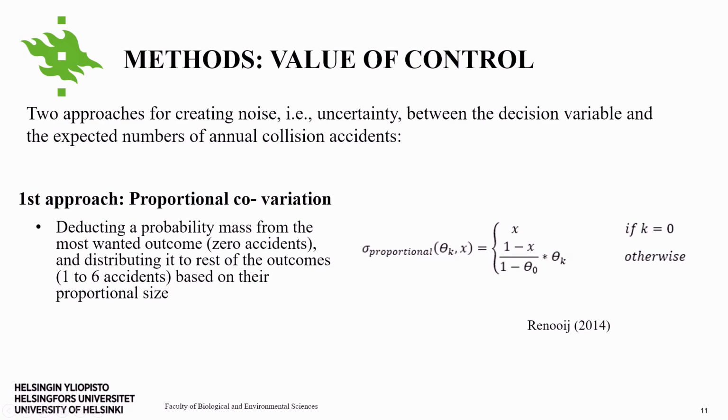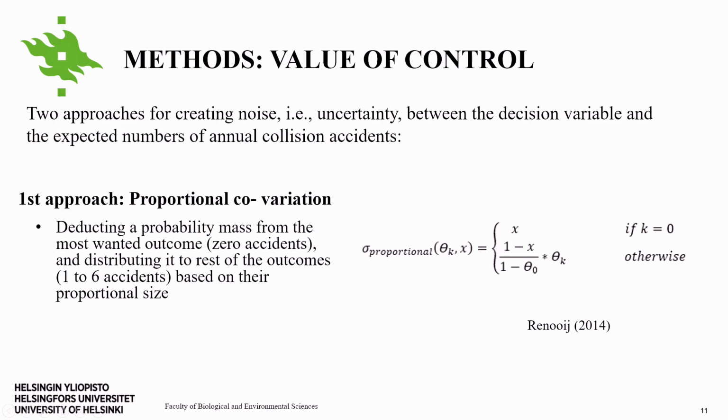The first approach is the proportional covariation method, which deducts the probability mass from the most probable option, which in this case is 0 accidents, and then allocates it between the other scenarios, which are 1 to 6 accidents per year, based on their proportional sizes. So with this approach, it distributes the probability mass mostly to 1 accident per year, because proportionally it is the more probable outcome.